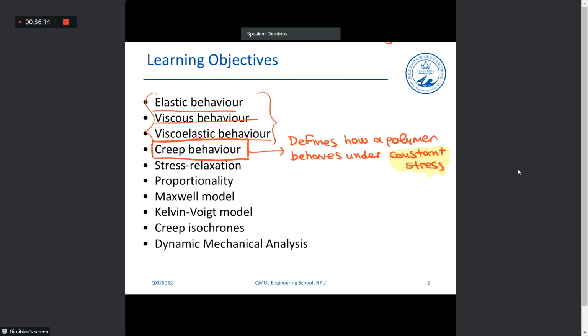Now, stress relaxation is another very interesting behavior of polymers, where essentially stress relaxation is the time-dependent decrease in stress that is required to keep a polymer at constant strain. Okay, let me write it down.